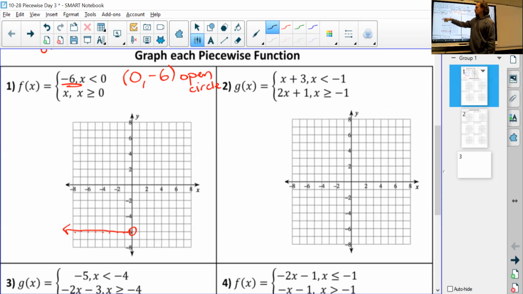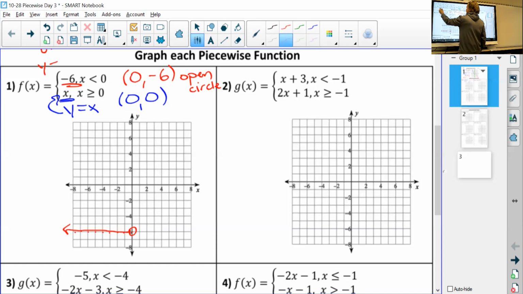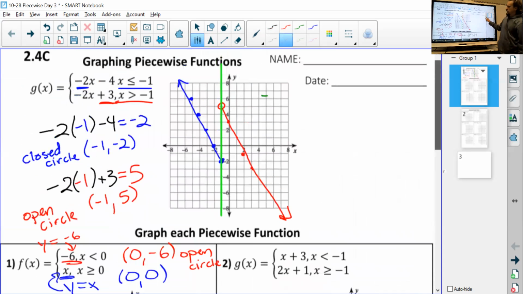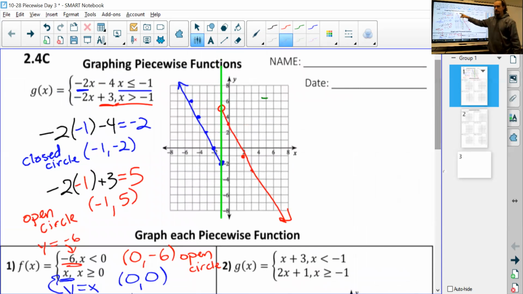Okay? If it's just y equals x, let's just do this one. We've already made it this far. So when x is 0, y would also equal 0, because y equals x. That's basically what this part of the function is. And the top one was y equals -6. I know it's a little bit easier to visualize when it's a whole mx plus b.